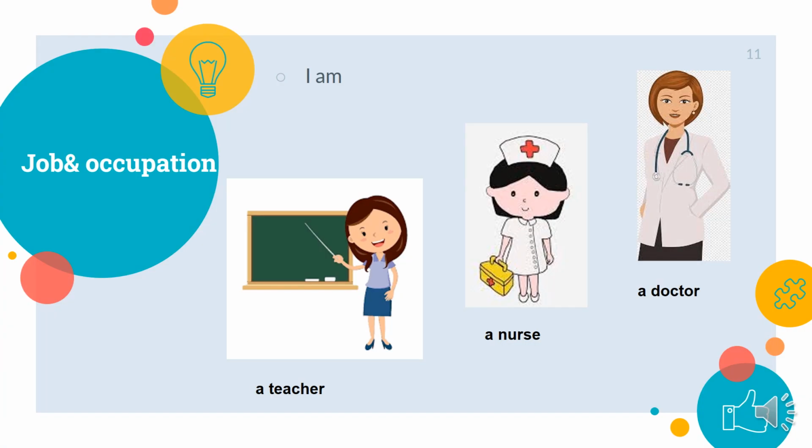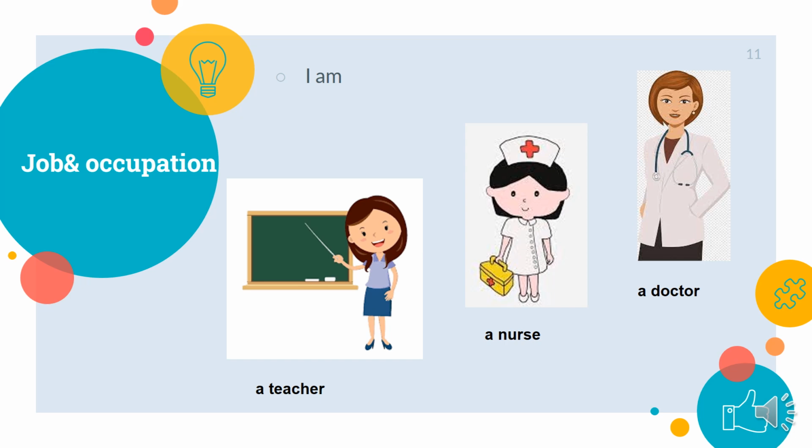In the last part of today's vocabulary lesson, we're going to see job and occupation. Job and occupation is the same or is similar as profession. Okay? Job, profession, occupation.